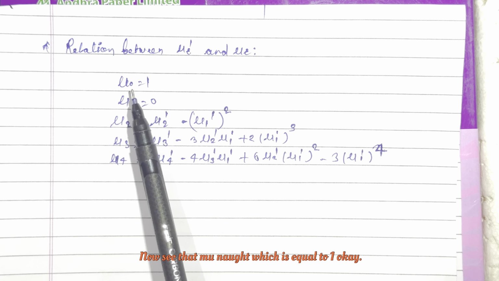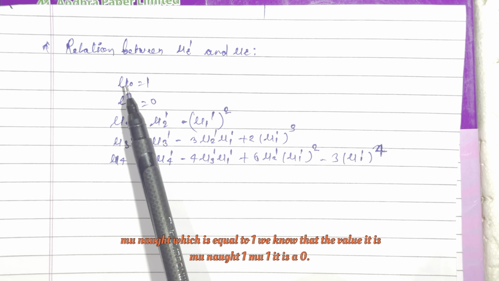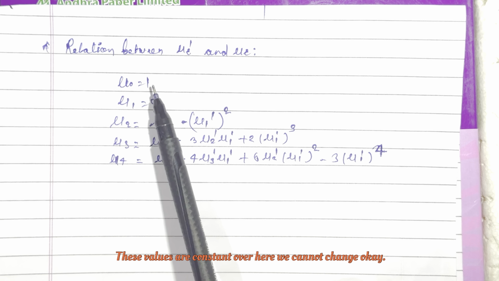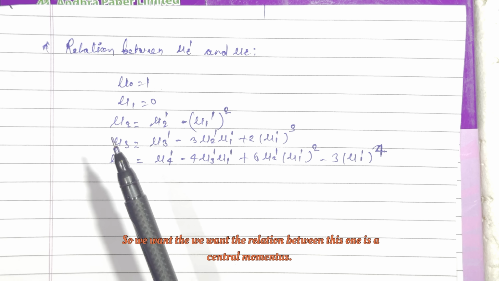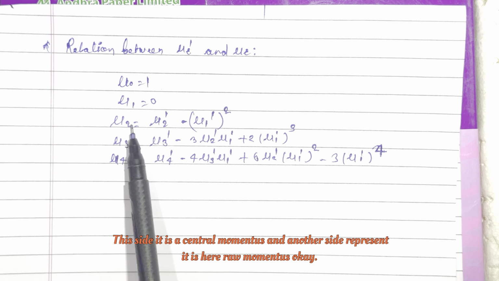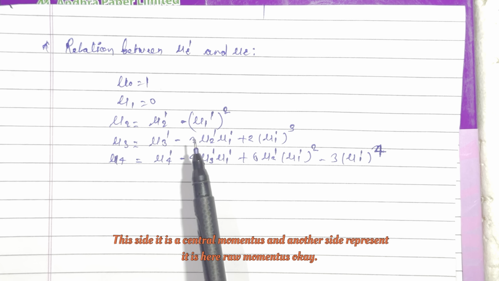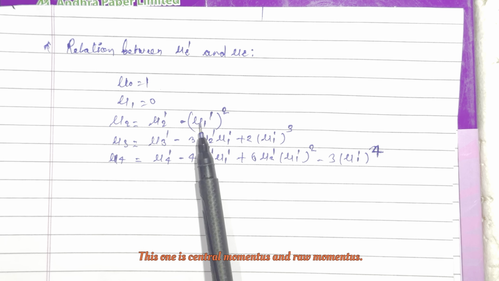Now see that mu naught is equal to 1, and mu 1 is 0. These values are constant; we cannot change them. This side we have central moments, and the other side we have raw moments.